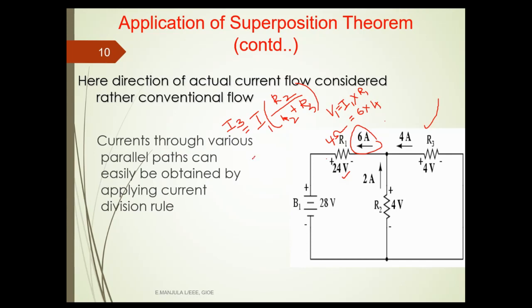So what is I1? I1 is the current, 6 amps, into R2, which is 2 ohms, divided by R2 plus R3, that is 2 divided by 1 plus 2, which is 3. The 3s cancel and you get 4.